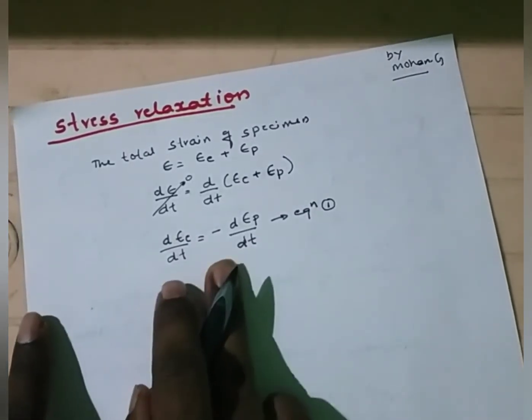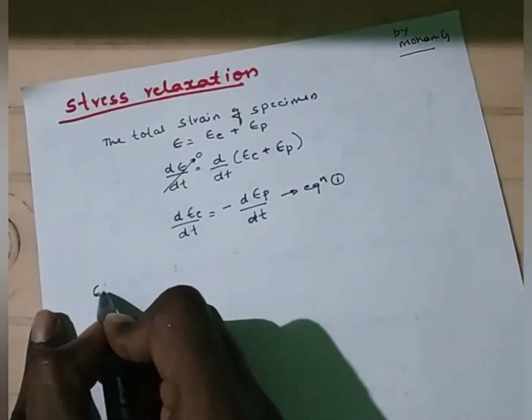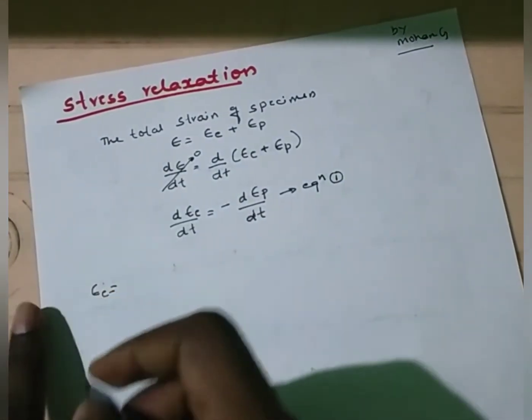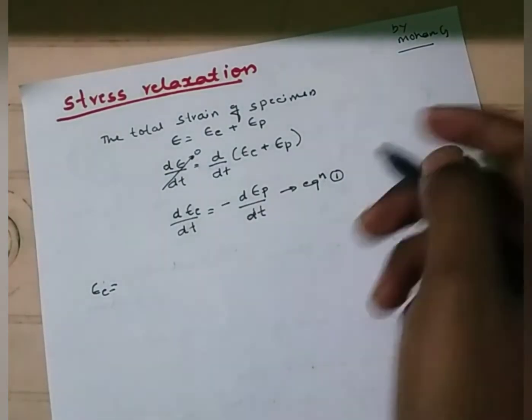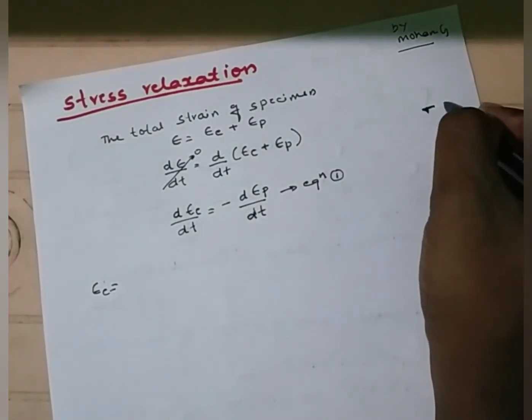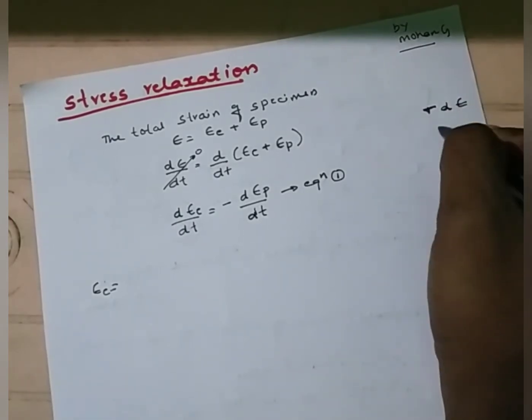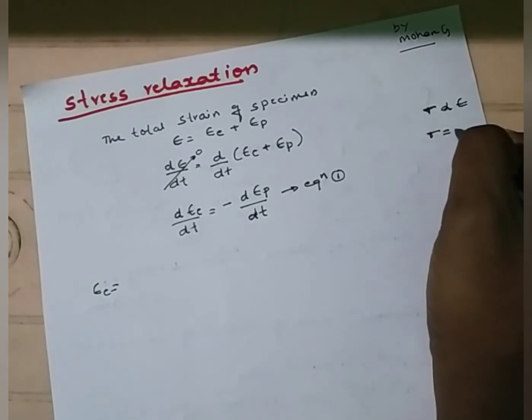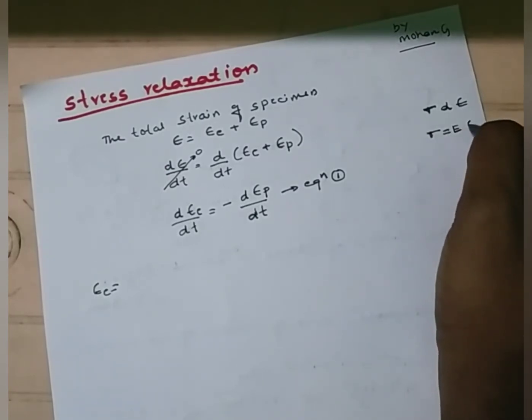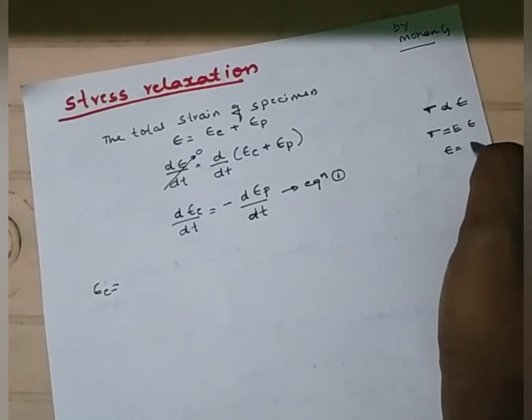Now what is epsilon naught e? That is the strain in the elastic limit, correct? We know that in the elastic limit Hooke's law is followed, that is, stress is directly proportional to strain. If we remove the proportionality symbol, we add Young's modulus E. Therefore strain can be written as stress by Young's modulus.